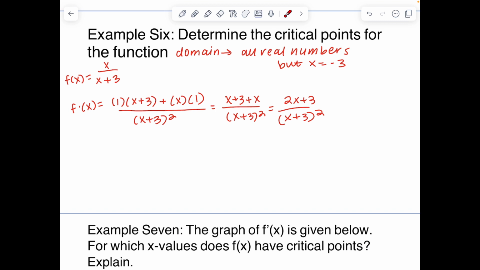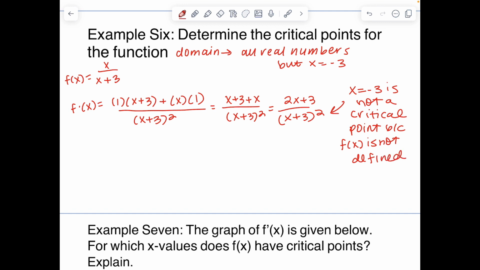So I'm going to write in a list, x equals negative 3 is not a critical point because the function f of x is not defined at negative 3. If f of x did exist at x equals negative 3 and the derivative didn't, it would be considered a critical point.